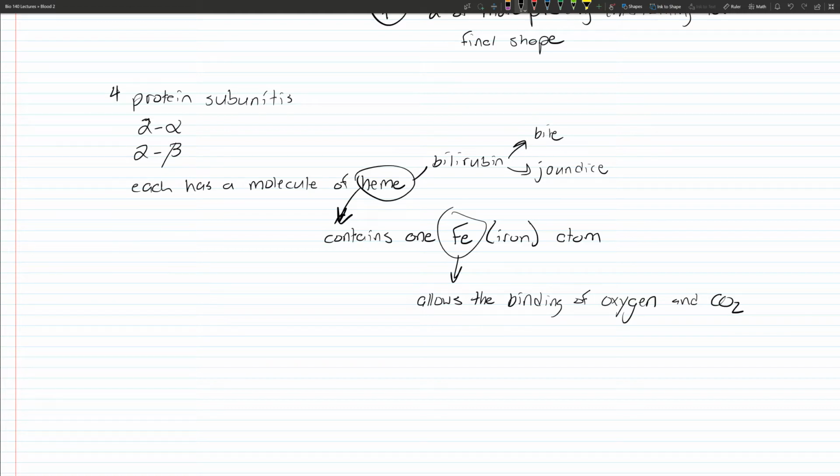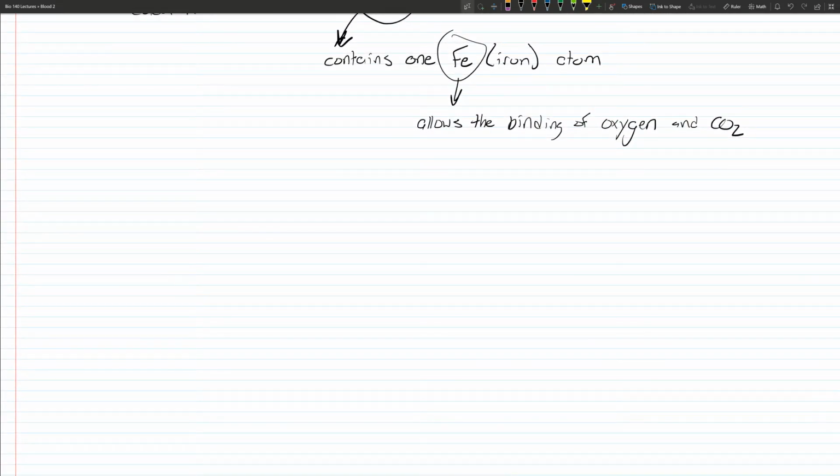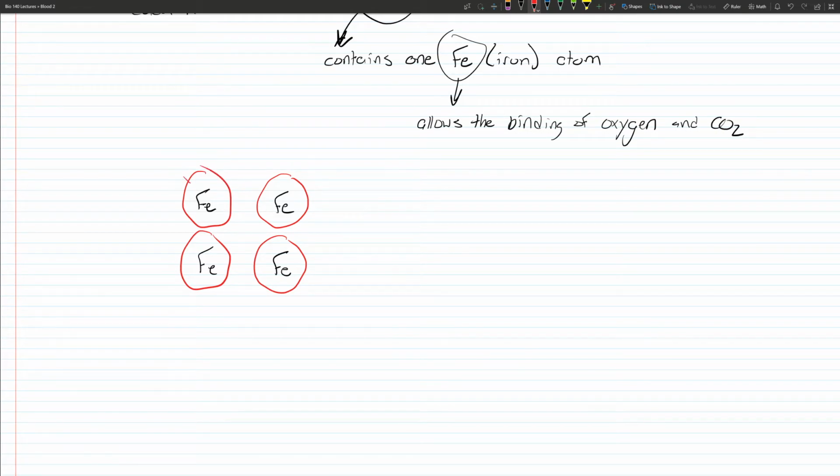All right. So we can just draw this out really quickly. Okay. So we have an iron, an iron, an iron, an iron. Attached to this iron, this is our heme in the red. And then around that, you've got 2 alpha chains and 2 beta chains.